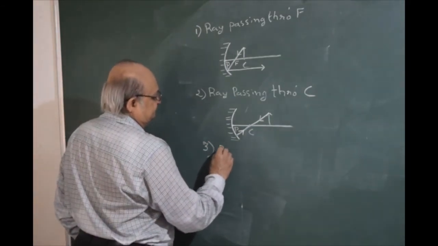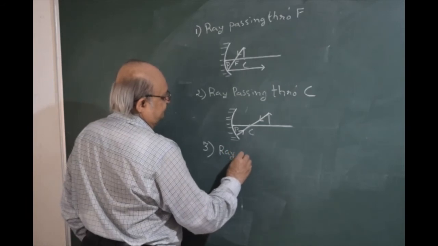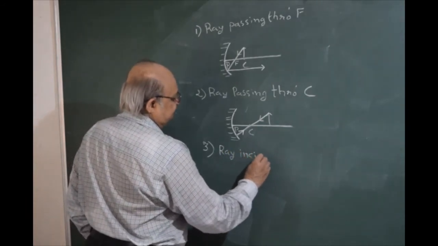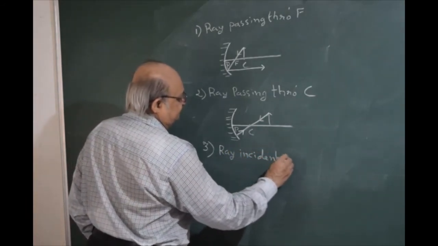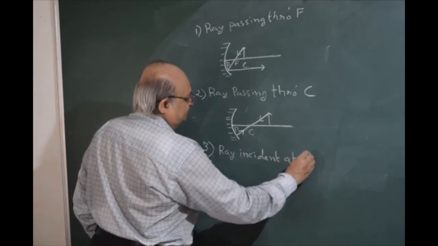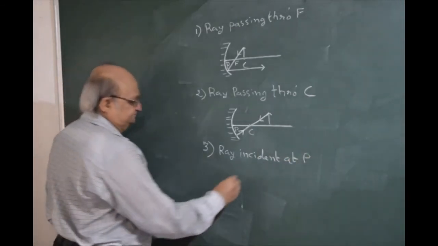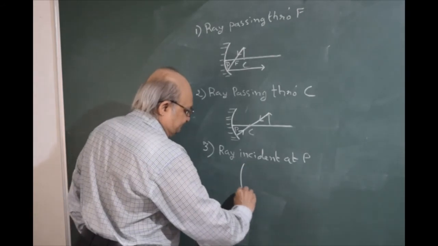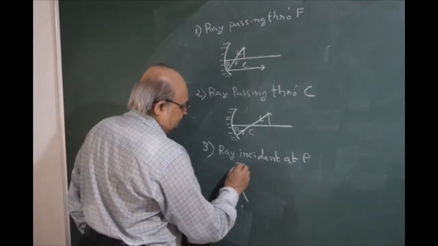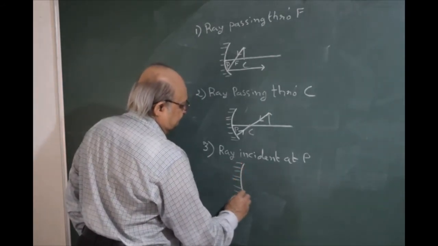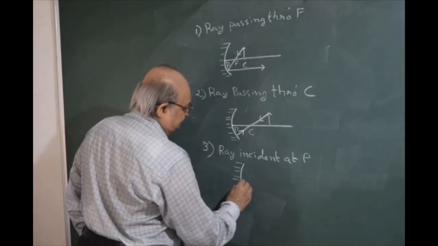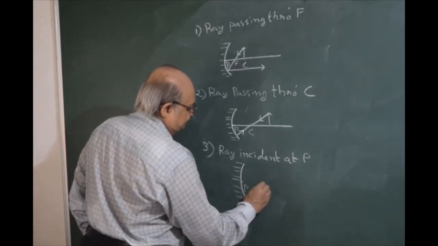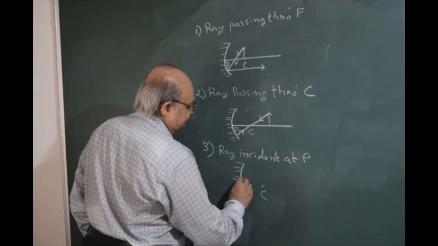And option number three is ray incident at the pole P. We have the mirror, always remember to polish it. The pole will be somewhere here, the center of curvature somewhere here.